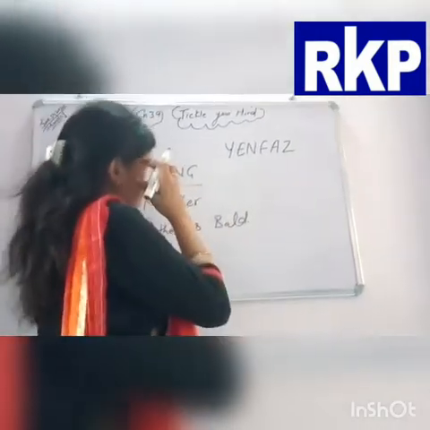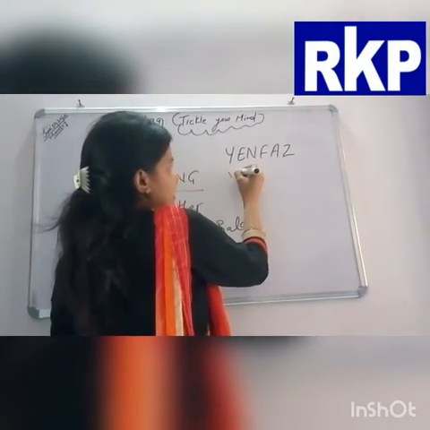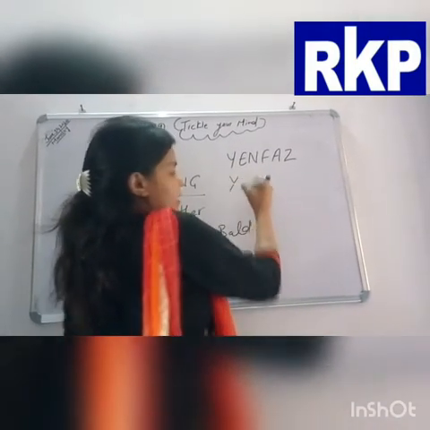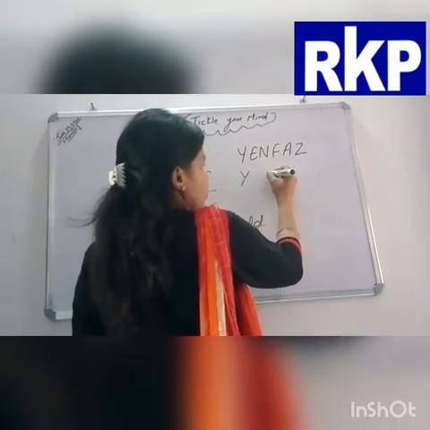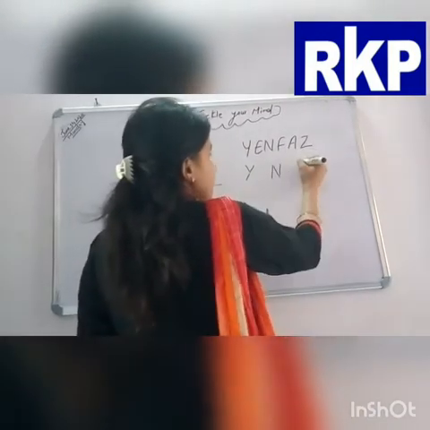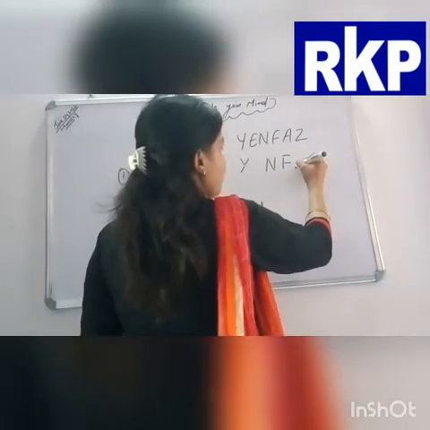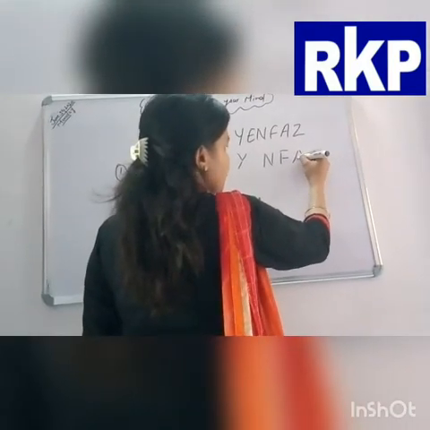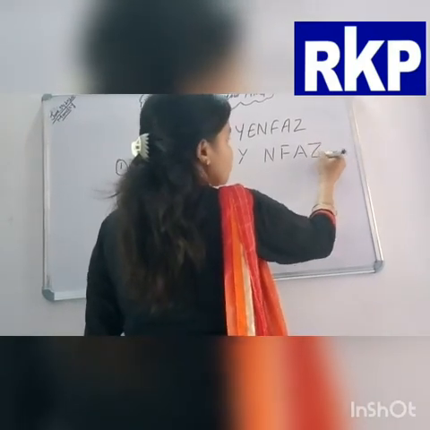Now see one important thing. Y is the combination of how many sticks? 1, 2 and 3. N is the combination of 1, 2, 3 lines. F is the combination of 1, 2, 3 lines. A is the combination of once again 1, 2 and 3 lines. G is the combination of 1, 2 and 3 lines.